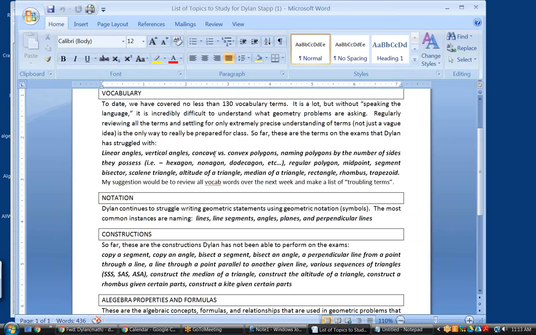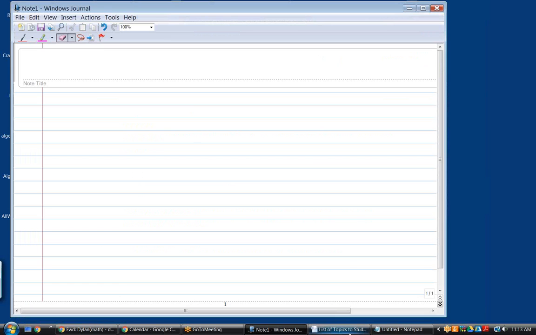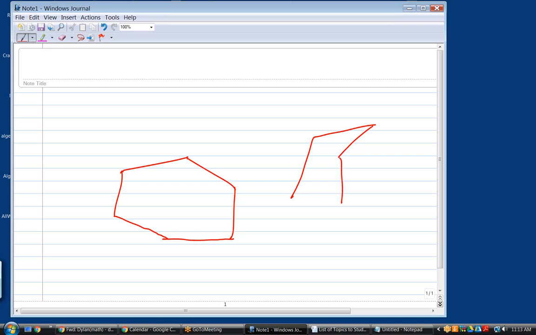I think he pulled this from the text. What's the difference between a concave and a convex polygon? I'm going to draw. Concave is when it's like less than 90 degrees, like the angle, right? Because I remember going over this, and then a convex would be... Yeah, okay.